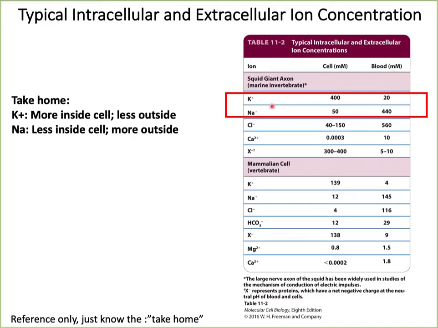In contrast, the sodium concentration is about 8 to 12 times lower in the cytosol than in the extracellular fluid or blood. So as your take-home message, please remember that potassium concentration is high and sodium concentration is always low inside the cell or cytosol, and the reverse in the extracellular space.